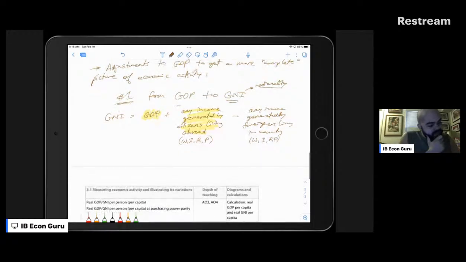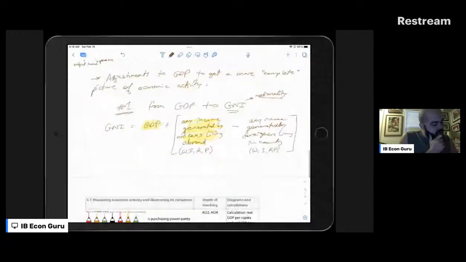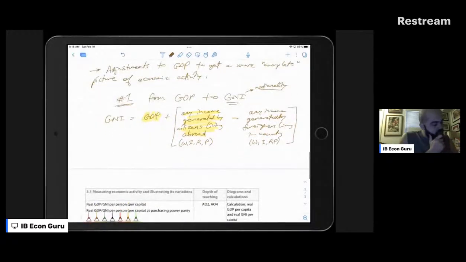Now, these two together, if you put them within a bracket or parentheses, that's called the net property income from abroad. To give you an example, I live in the United States, but I'm not American.